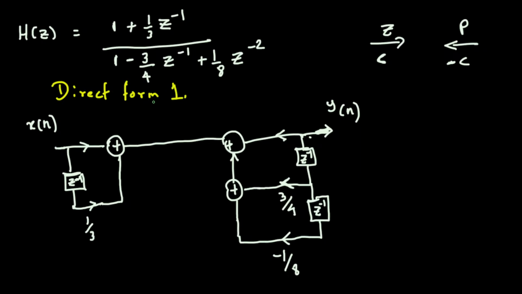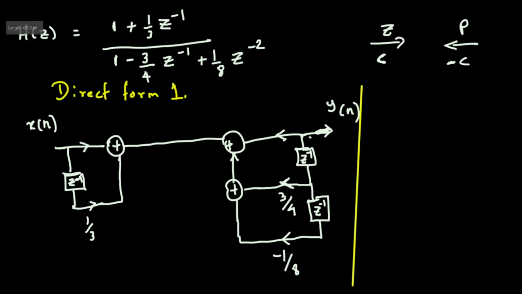For the direct form 2, what we do is we combine these two diagrams together. We bring this side of this one in front and this side is behind. In that way, we will reduce one of the z power minus 1 required. If we draw that one here, let me separate with a line.